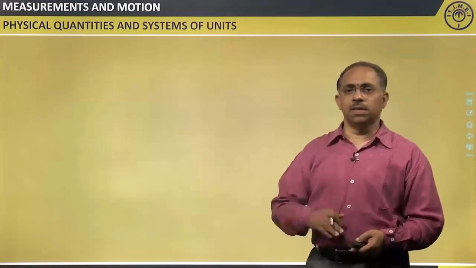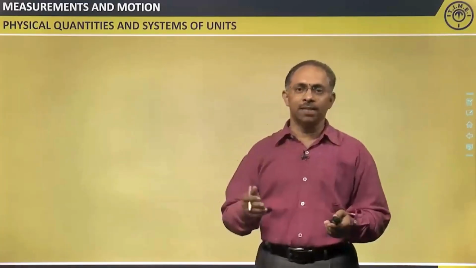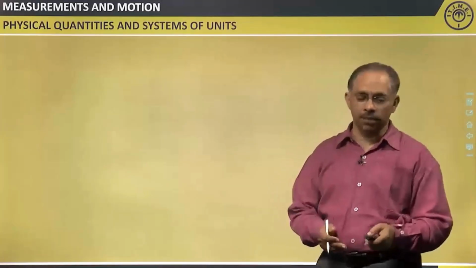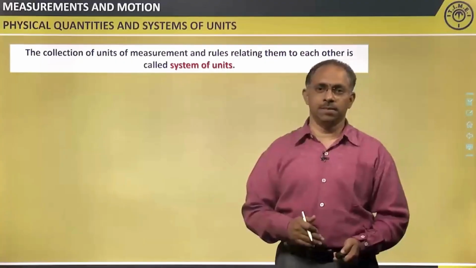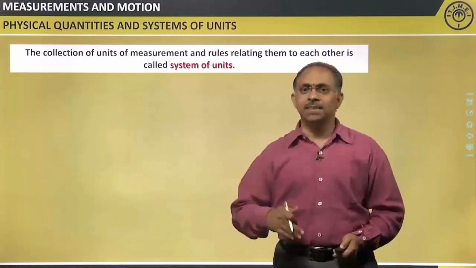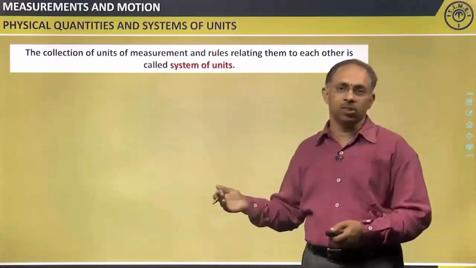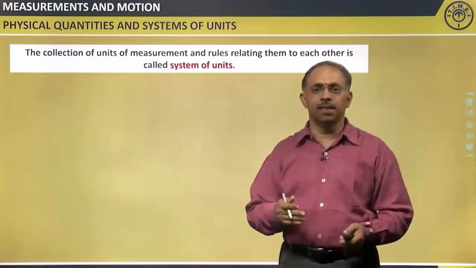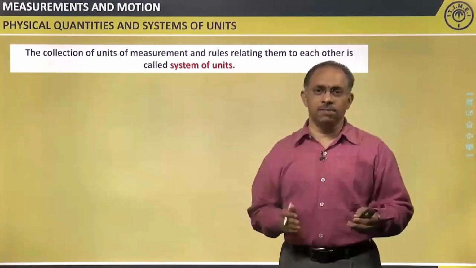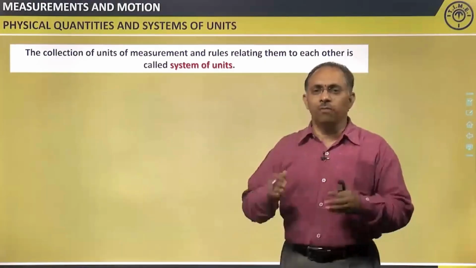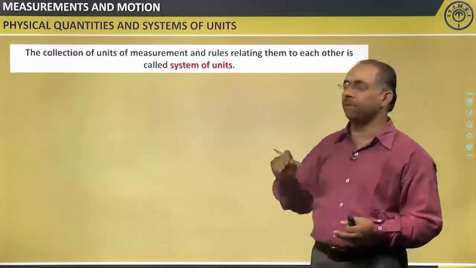Now, for fundamental physical quantities like length, mass and time, we have certain units to measure them, like millimeter, centimeter, kilometer, etc. Similarly, for mass, we have several units like gram, kilogram, etc. All these are the units of these quantities. When we take all of them collectively, we call them a system of units.